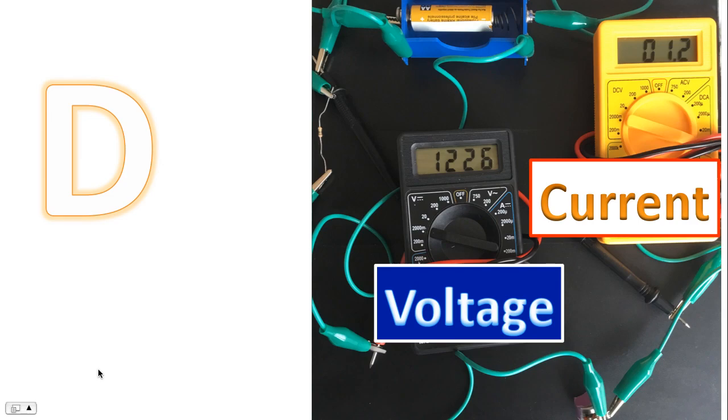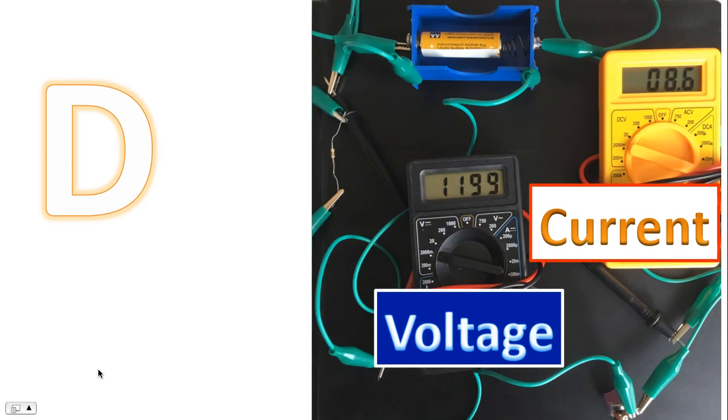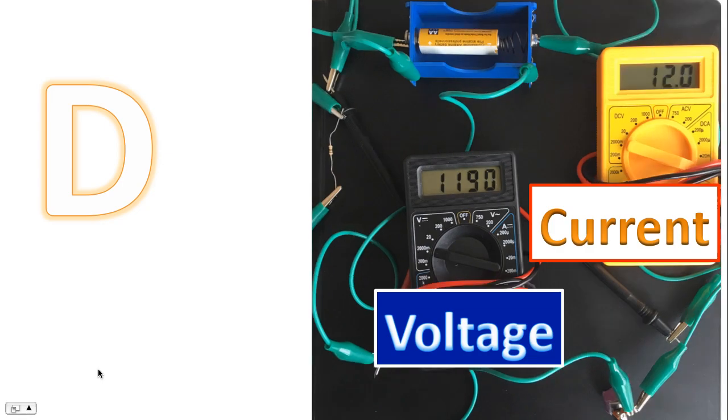Here is the data for battery D. The current is increasing because I'm reducing the resistance of the variable resistor by rotating the shaft.